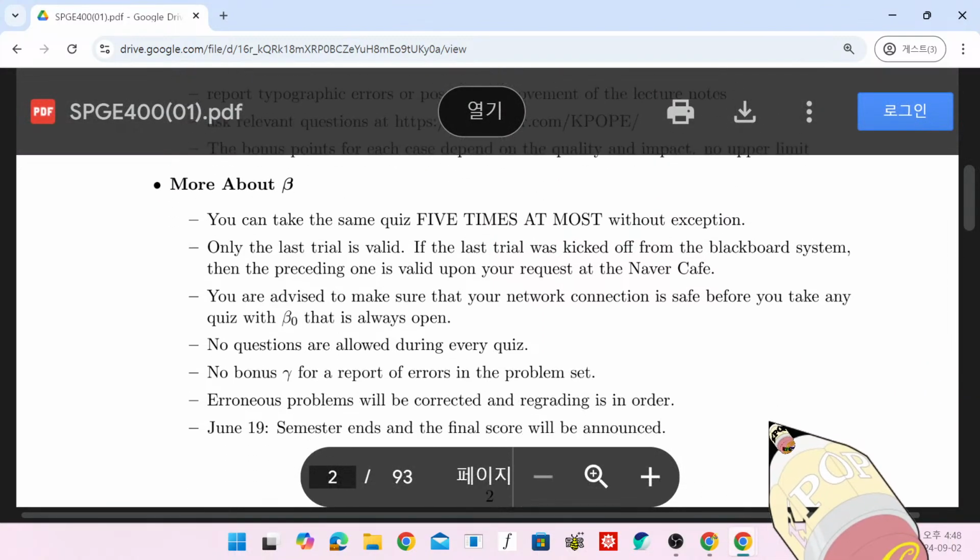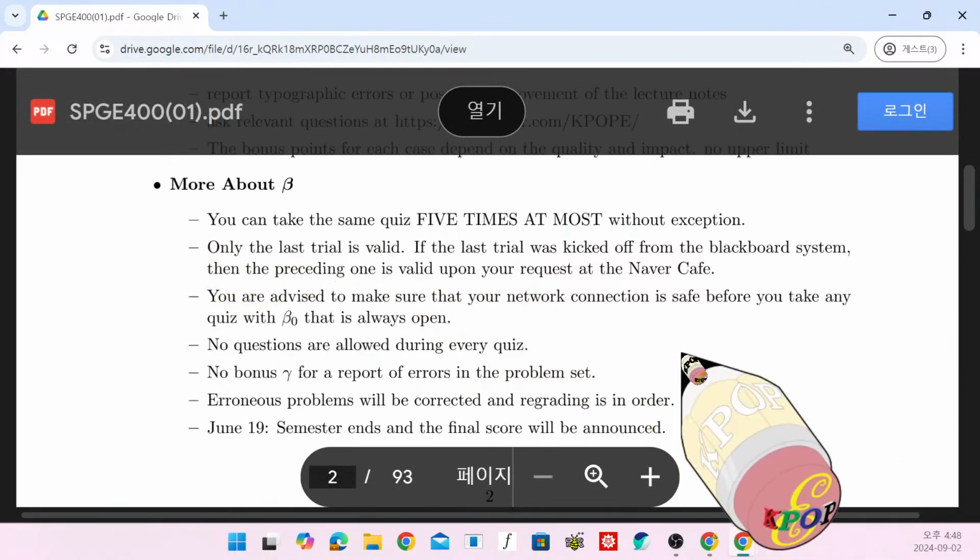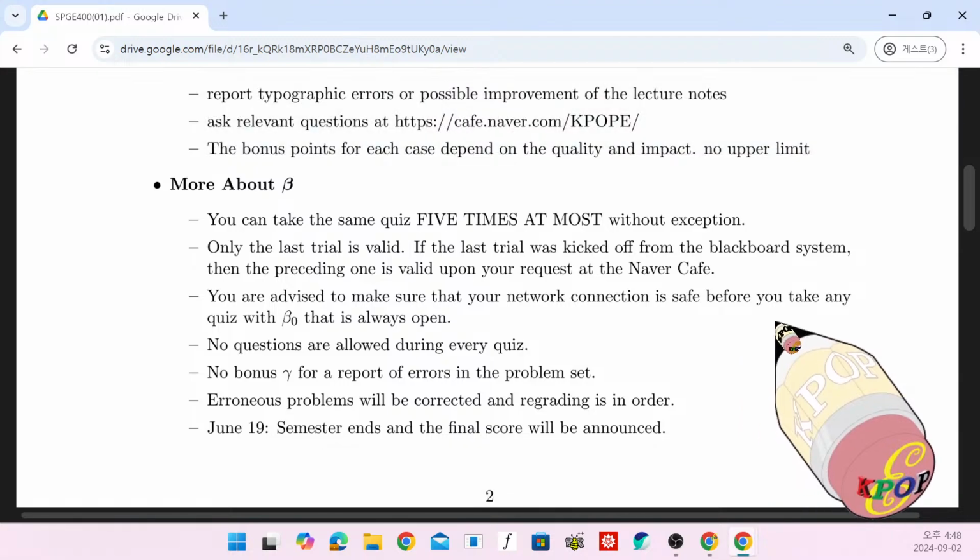Every beta exam can be taken a maximum of 5 times. Because the Blackboard system is not perfect, many students are kicked off from the system, so I will give you 5 times maximum. Please be aware that you can be kicked off from the system without any specific reason.